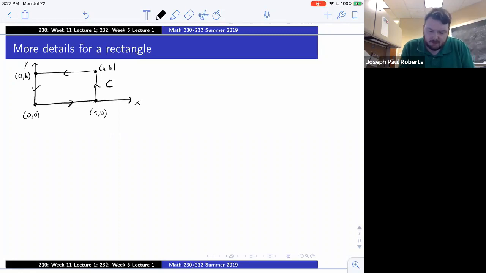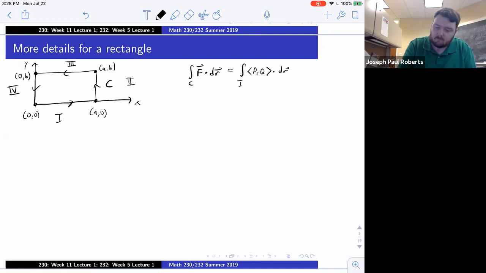Okay, let's see how I would set this up. Let's say that we're trying to do the work of F along C. For this rectangle, I would have to do the work along each piece separately and then add it all up.